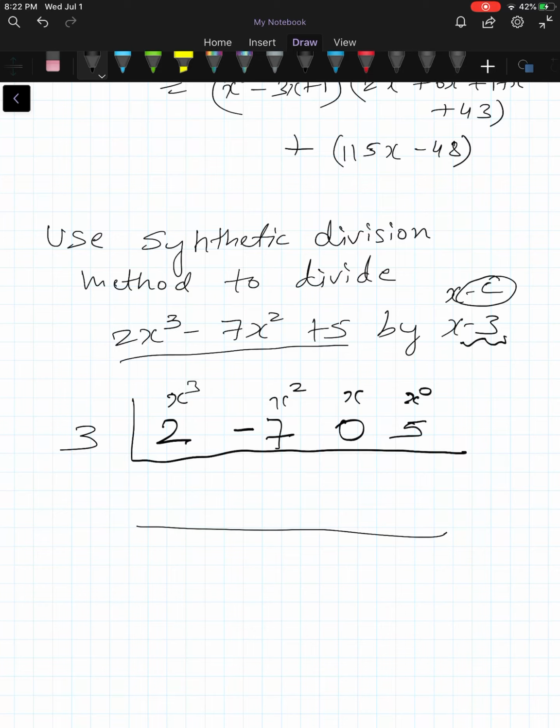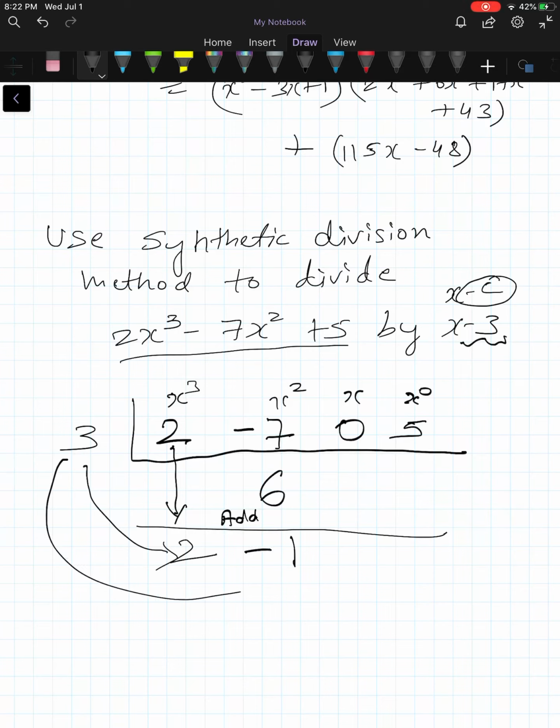So then you take 2 below the row, and multiply 3 with 2 and put that product below minus 7. So that would be 6. Then add minus 7 and 6, so you will get minus 1.